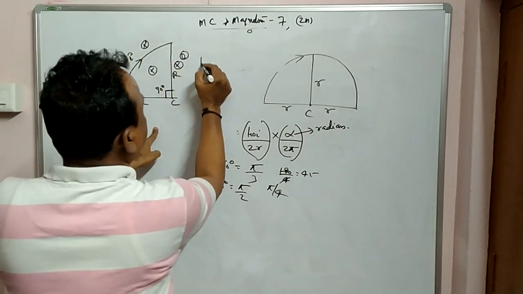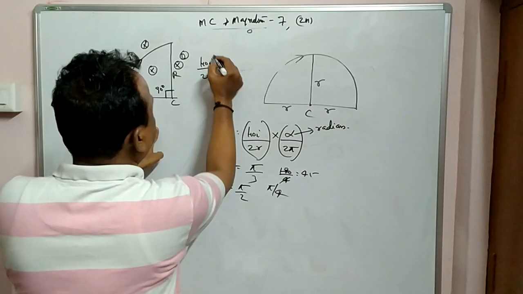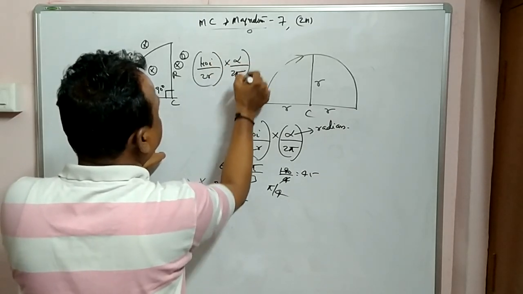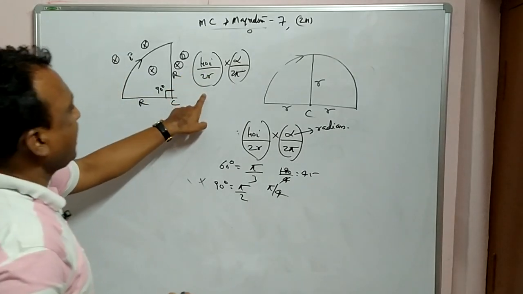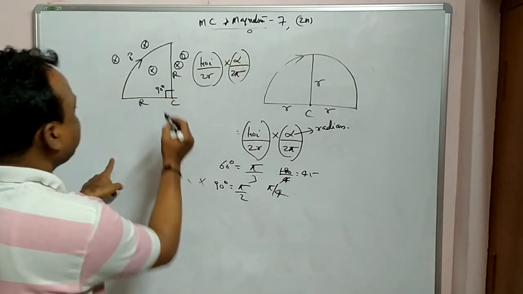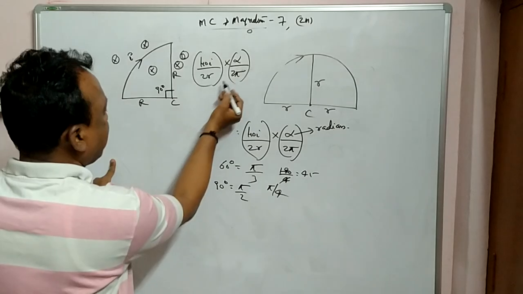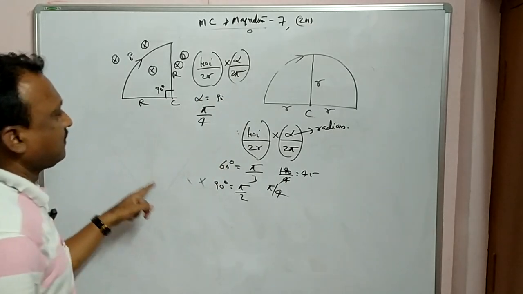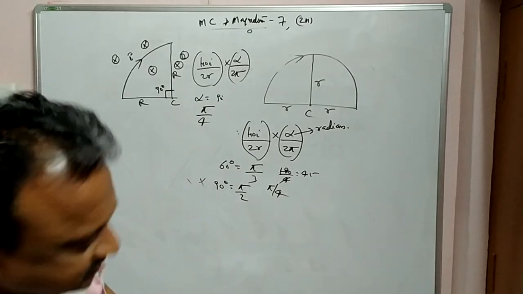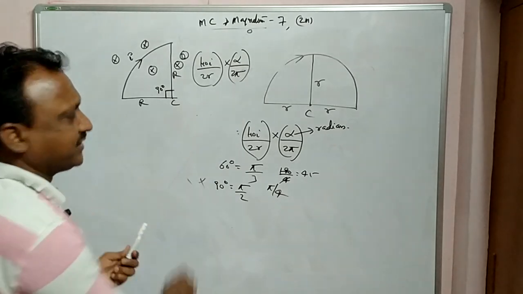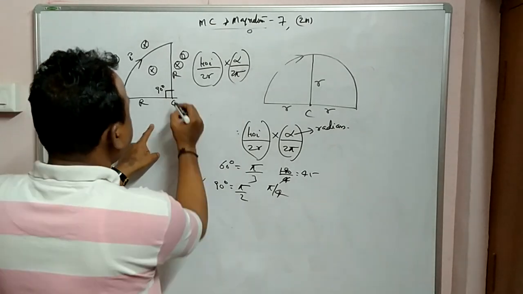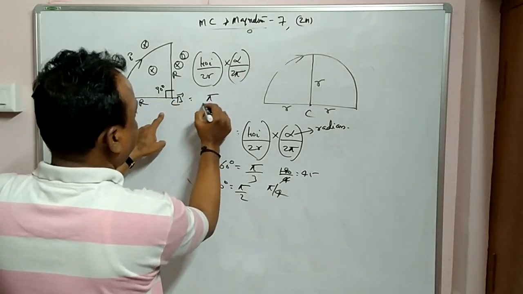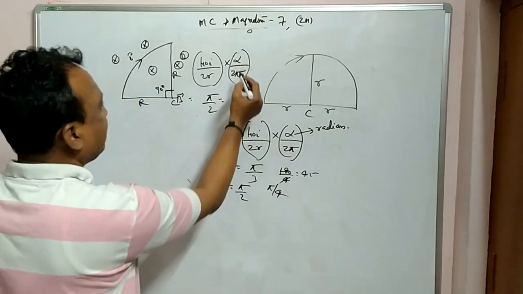Same formula: mu naught I by 2R into alpha by 2 pi. Here the angle alpha is 90 degrees. Just now I told you, 90 degrees is pi by 2. So put that value and you'll get the B value there. To get the B value here, what is alpha? 90 degrees, that is pi by 2. Put it here and you'll get the value.